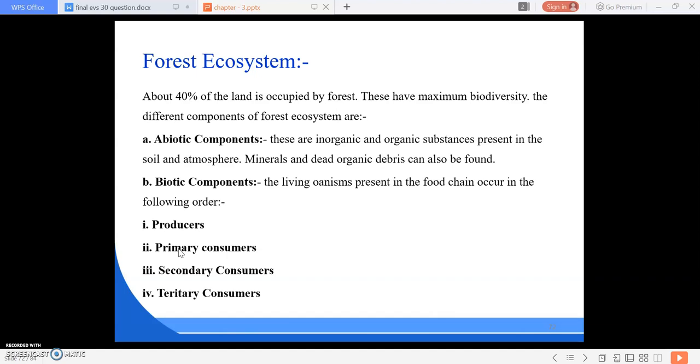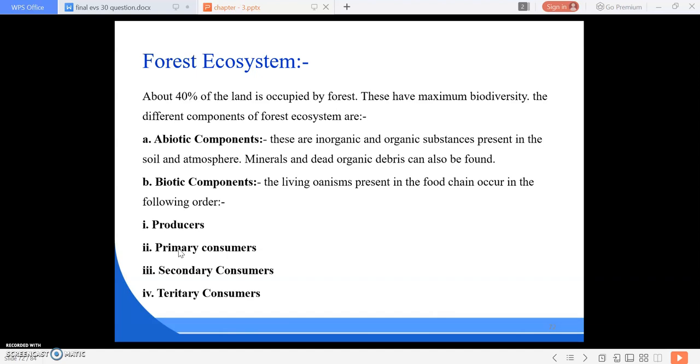Similarly, some animals like elephants, nilgai, deer, moles, flying foxes, fruit bats, etc. are grazing on shoots and fruits.